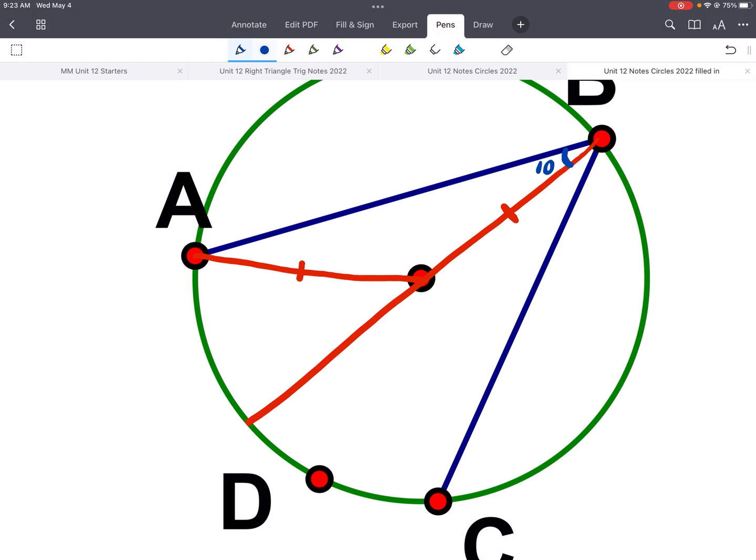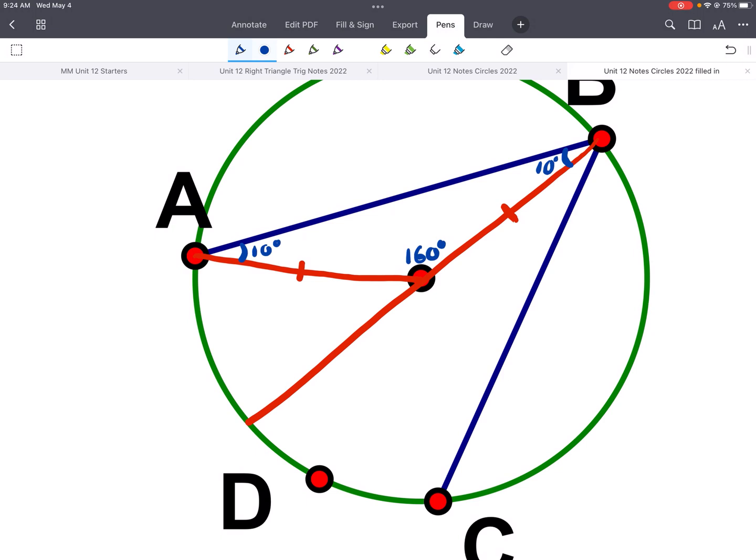Well, we know they have two congruent angles as well, and those congruent angles are the ones across from the congruent sides. So this angle must also be 10 degrees. And we know that triangles add to 180, so this angle has to be 160 degrees.